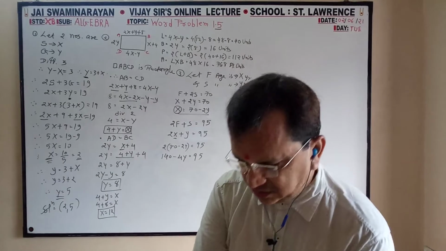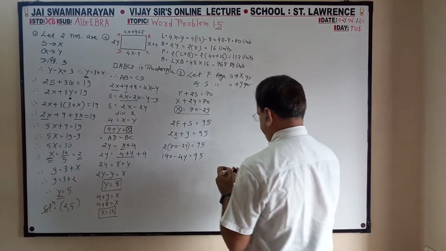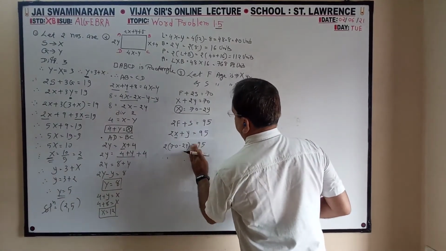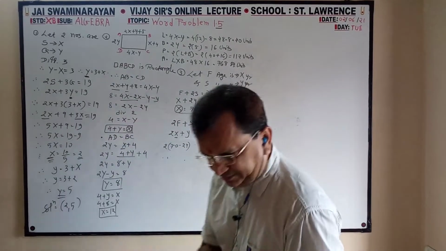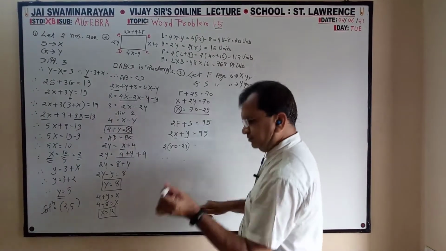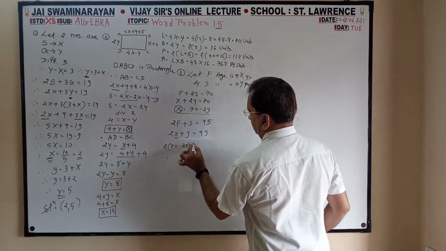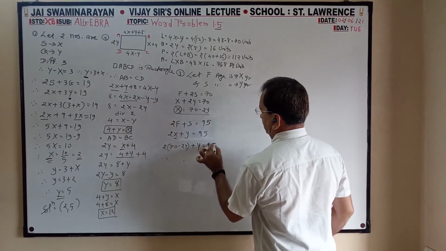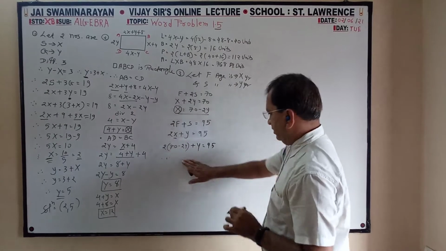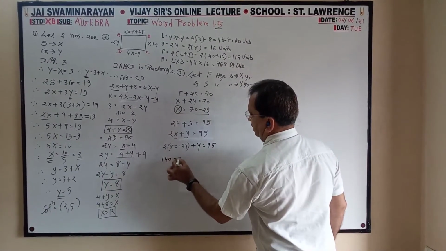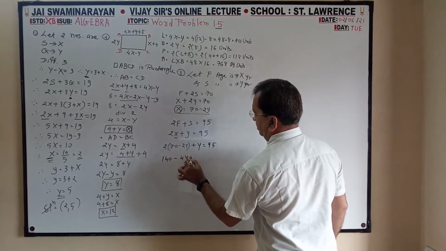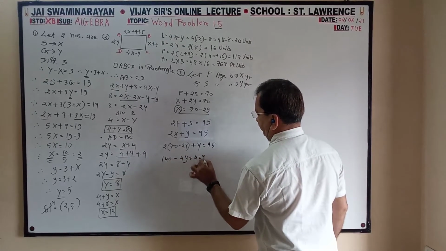One plus is remaining. 2x plus y. Now it will not come in decimal. Okay, so it is 140 minus 4y plus y is equal to 95.